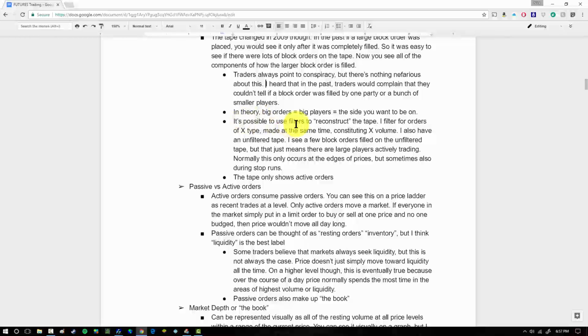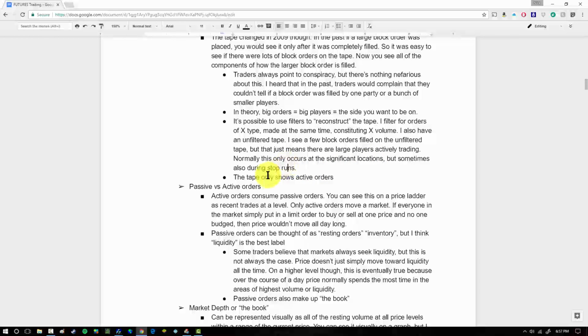It is possible to use filters to reconstruct the tape. I filter for orders of the same type made at the same time, constituting at least X in volume, some sort of volume. And I also have an unfiltered tape. I see a few block orders filled on the unfiltered tape, but that just means there are large players actively trading. Normally, this only occurs at the edges of prices, at significant locations, but sometimes also during stop runs.